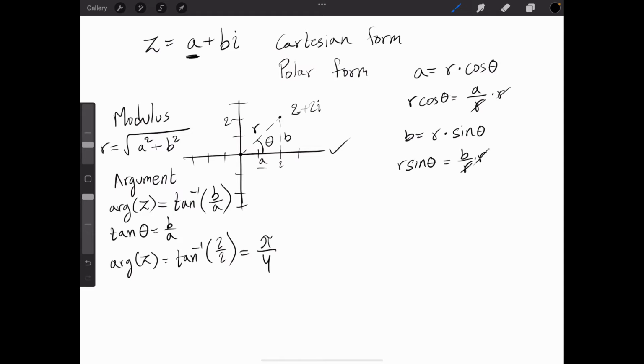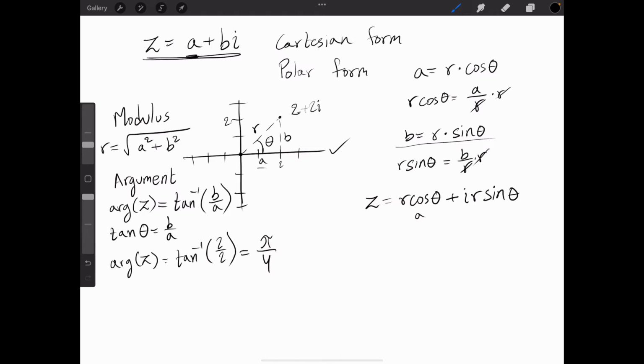So let's look at this whole form, the Cartesian form, again. If we wanted to rewrite that in polar coordinate form, you just substitute the stuff in. So z is equal to R cosine theta, which is A, plus I times B. B in this case is R sine theta, so I times R sine theta.